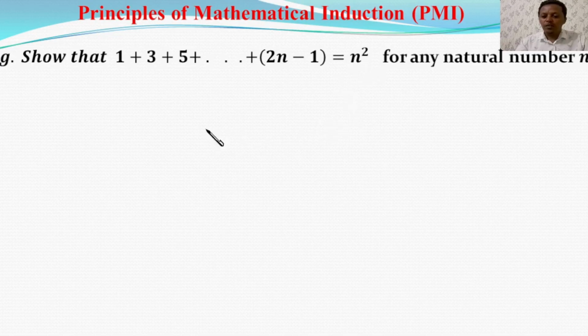When n is 3, the sum of the first three odd natural numbers, 1 plus 3 plus 5, is 9, which is equal to 3 square. So in general, this mathematical statement says the sum of the first n odd natural numbers equals n square.